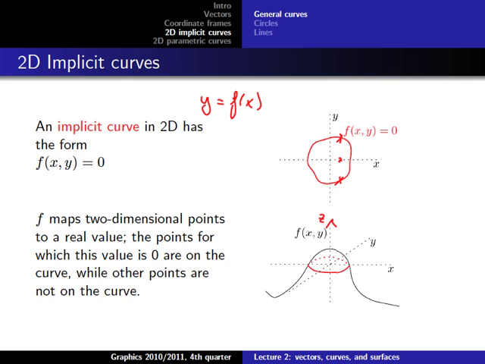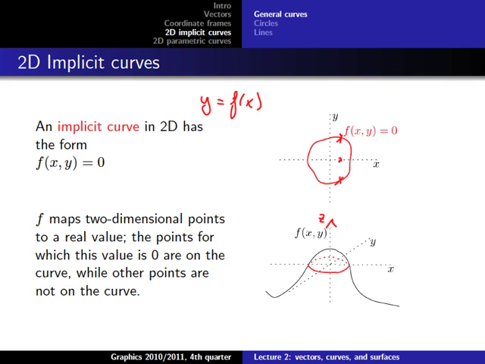And this is also where the name implicit comes from, because we don't have an explicit function where we can put a value in and then get another value out, but we have an implicit formula that indirectly describes the values. So we have to take values and see if they fulfill this equation, then they are on the curve and we can, for example, draw them.